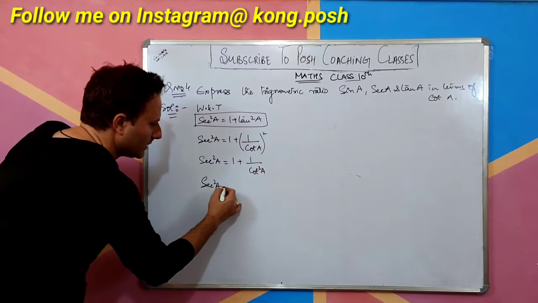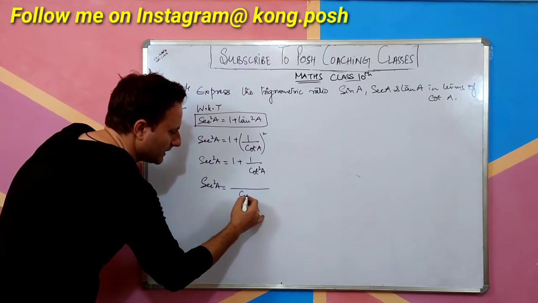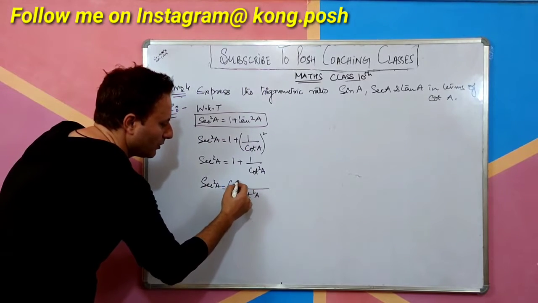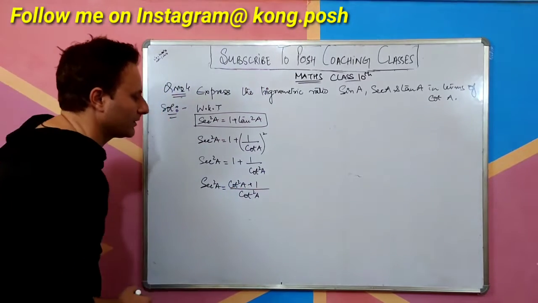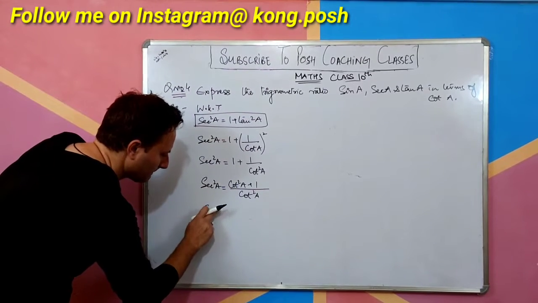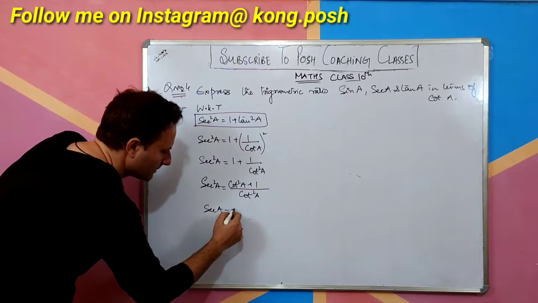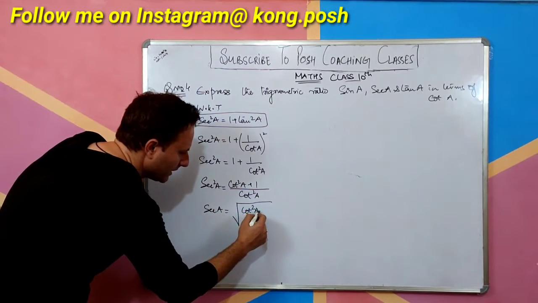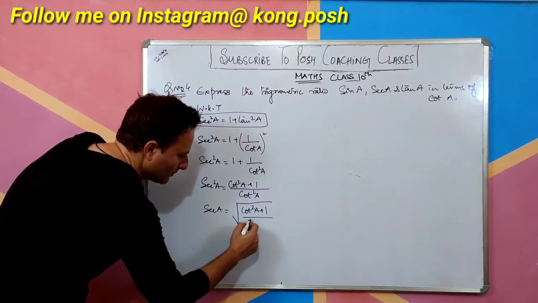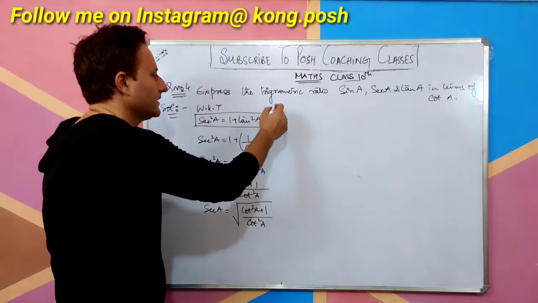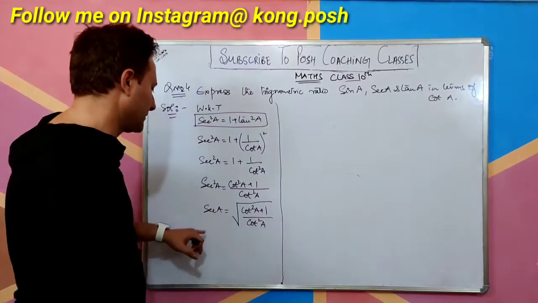Sec square A is equal to, if I take the LCM, cot square A plus 1 upon cot square A. Now sec A is equal to under root of (cot square A plus 1) whole divided by cot square A. Right, still I have one more thing that I can do here.